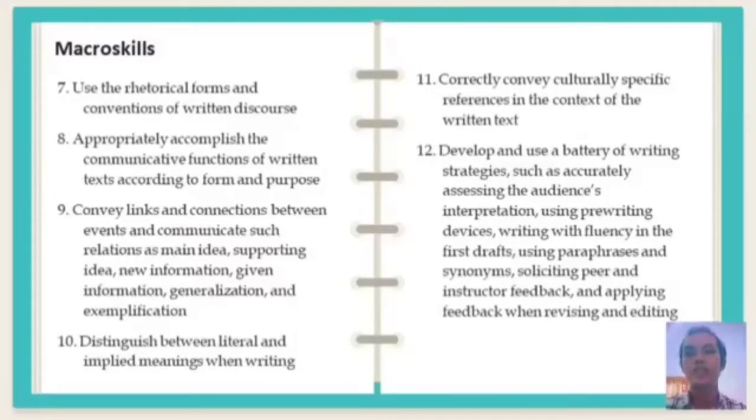Also, it develops and uses a battery of writing strategies, such as accurately assessing the audience's interpretation, using pre-writing devices, writing with fluency in the first draft, using paraphrases and synonyms, soliciting peer and instructor feedback, and applying feedback when revising and editing.